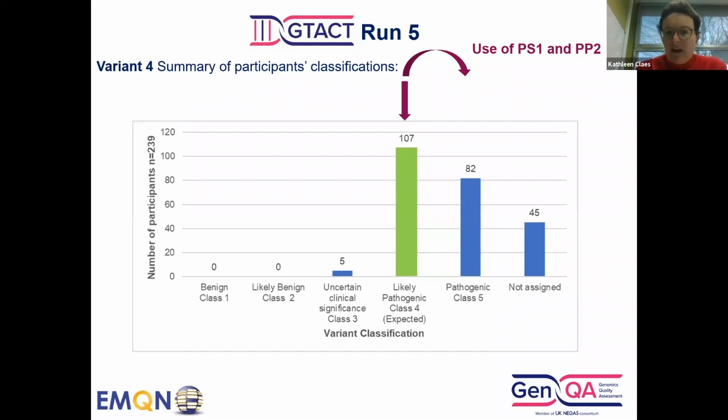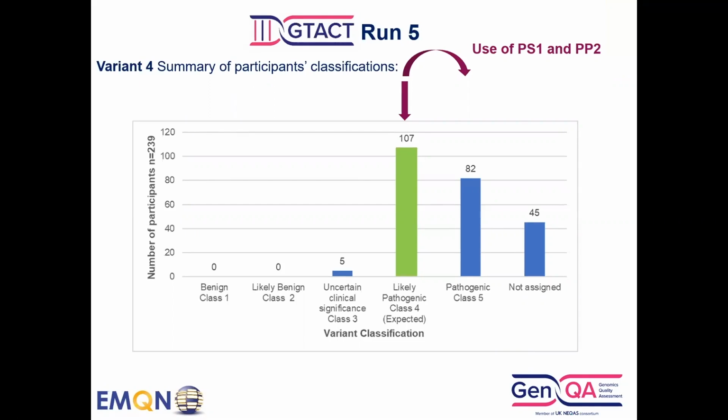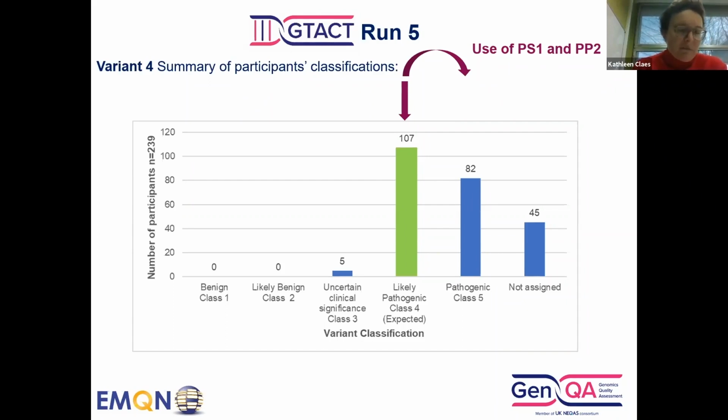However, in this case, I think you cannot apply it because, to my knowledge, there is only one variant located at this amino acid that has been described as pathogenic, and that's just the one that we are presenting here. Some people also applied PP2, which is a criterion for a gene with a low rate of missense variants.